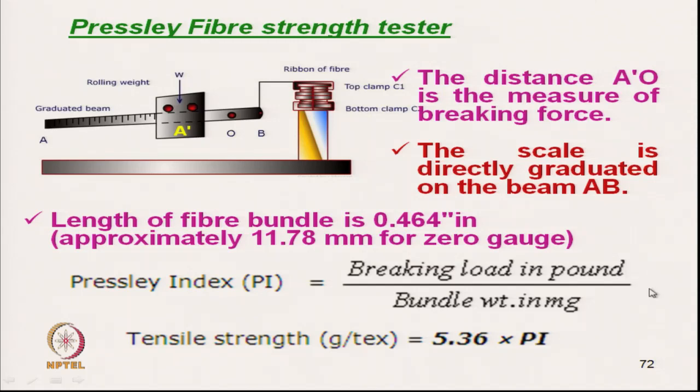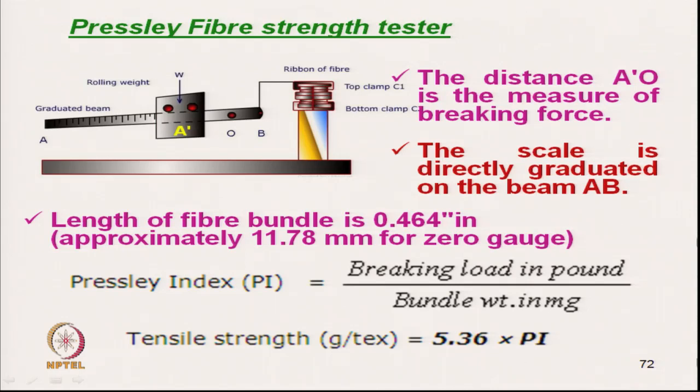So, x we have seen in pound and y in milligram, and we can convert this Pressley index into tensile strength in gram per tex by multiplying by 5.36. Okay. So, the Pressley index also shows the tenacity of the fiber bundle, and tensile strength in gram per tex is also the tenacity of the fiber bundle, but their relationship is 5.36.